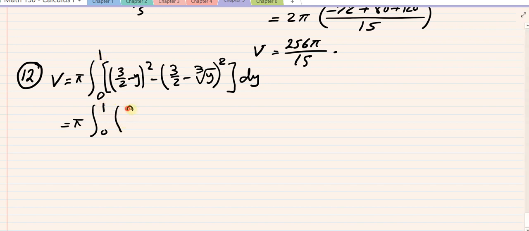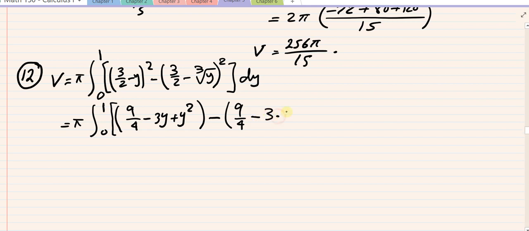So 3/2 squared, that's 9/4, negative twice first by second, that's going to be 3y, plus the second one squared, minus, need brackets here, 3/2 squared, which makes it 9/4. Negative twice first by second is 3 times the cube root of y, which is y to a third. We're going to integrate these anyway, so I need to write them without the radicals.